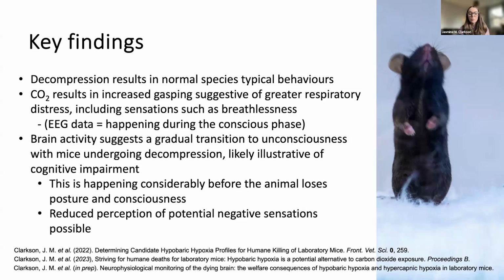Again, we know from humans that when they become hypoxic, they can't perform simple tasks. So we think what we're seeing in the brain activity also represents a similar situation with the mice. And this is happening considerably before the animal loses posture and consciousness. Therefore, at the moment, we're concluding that it's likely that the animals have reduced perception of potential negative sensations.